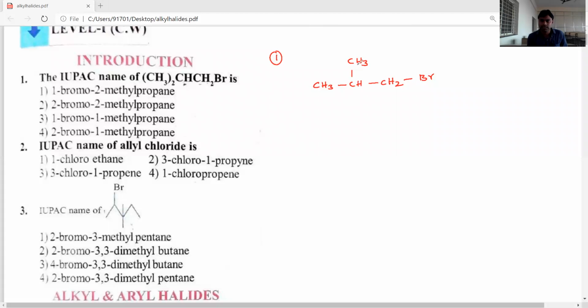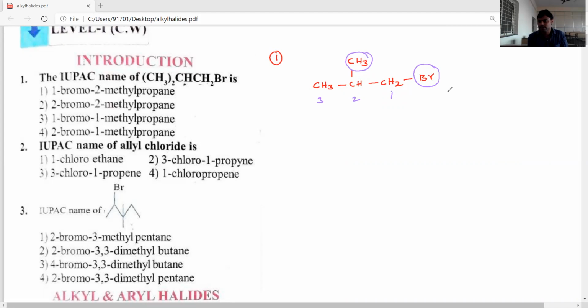If you observe, here the halogen also we consider as a substituent, and the methyl group also we have to consider as a substituent. Now the longest carbon chain is 1, 2, 3. 3 carbon atoms. However you go, either right to left or left to right, 3 carbon atoms are present on the longest carbon chain having more substituents. Here one methyl substituent, one bromine substituent, 2 substituents are present.